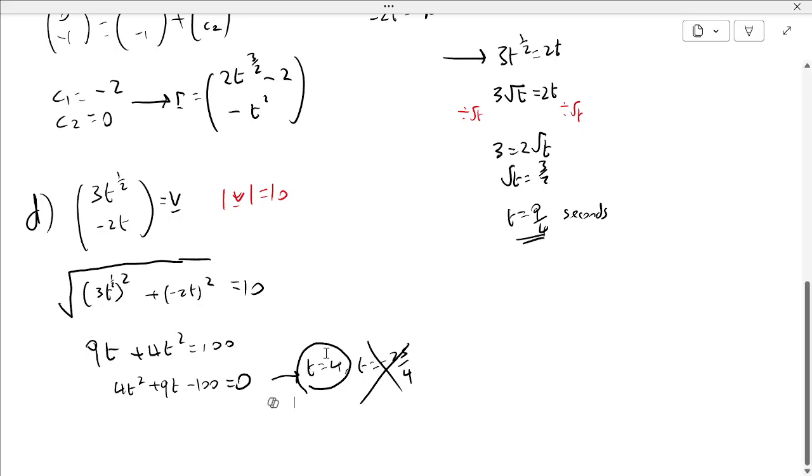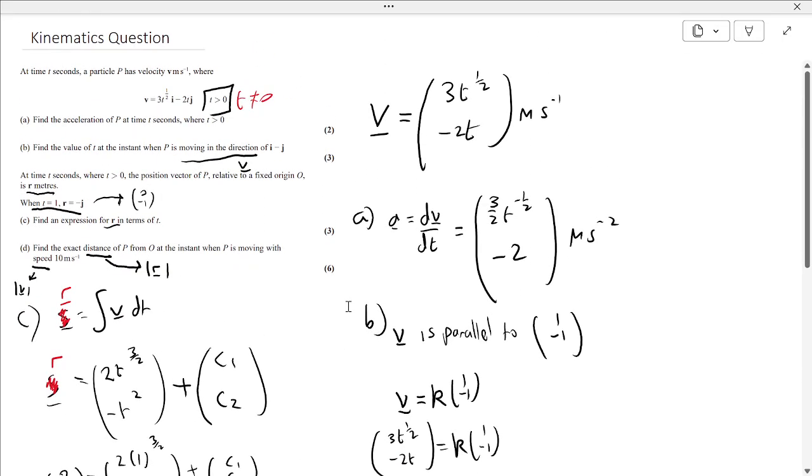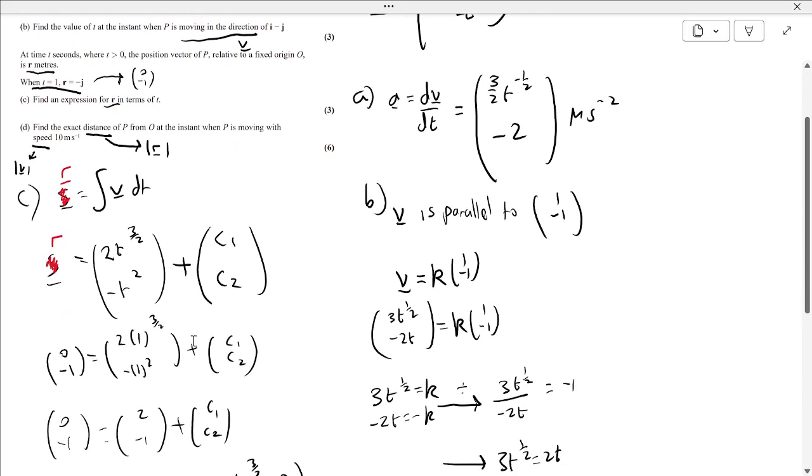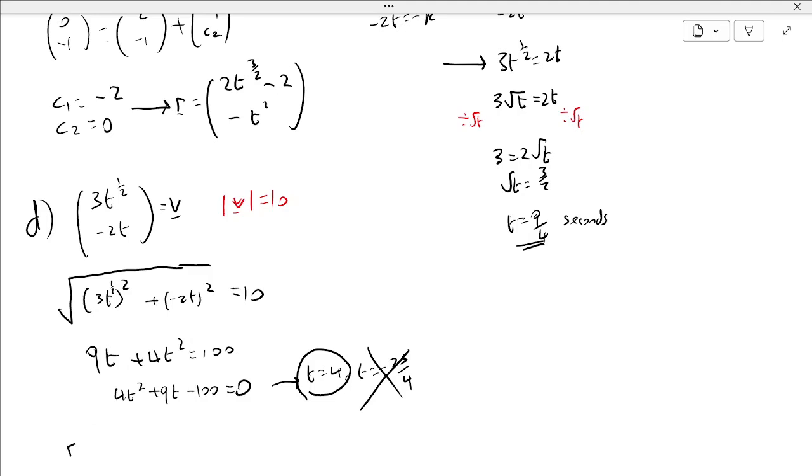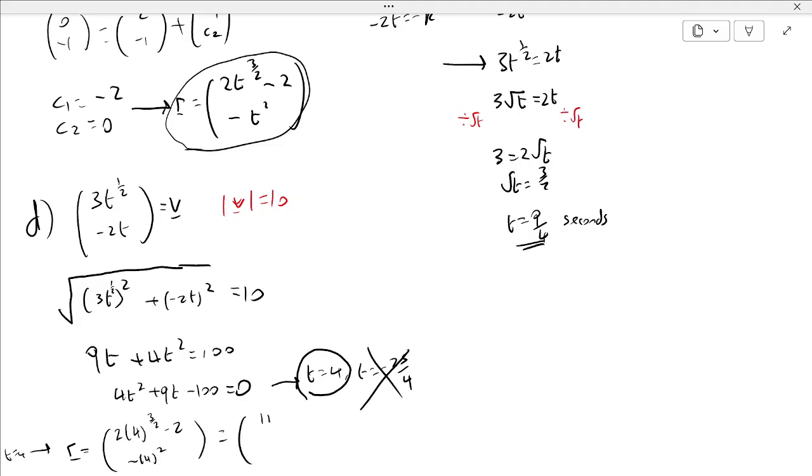Well, it's not my final answer because the question didn't say find the time, it said find the distance. So this value of the time I'll have to substitute into r. If t equals 4, r is going to be 2 times 4 to the 3 over 2 minus 2, and negative 4 squared. 4 to the 3 over 2 is 8, so 14 over here, and then negative 16.